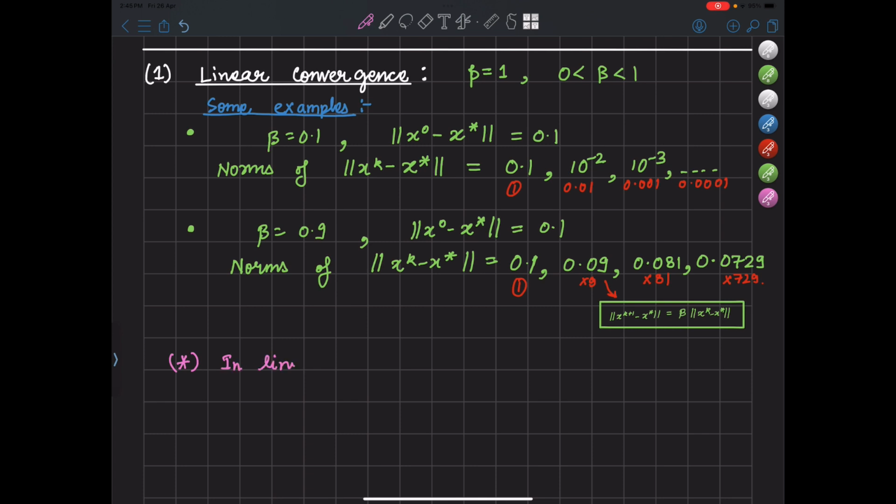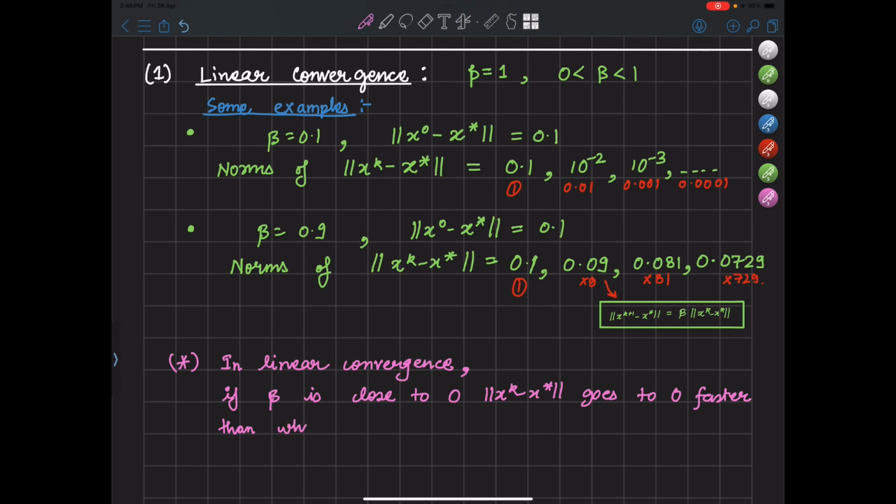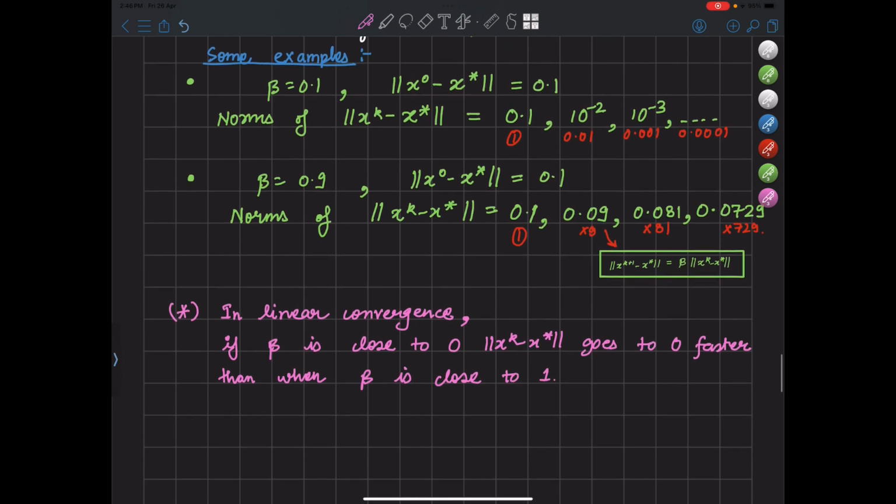that in linear convergence, if beta is close to 0, then xk minus x star goes to 0 faster than when beta is close to 1, which in shorthand terms means beta near 0 implies faster convergence.